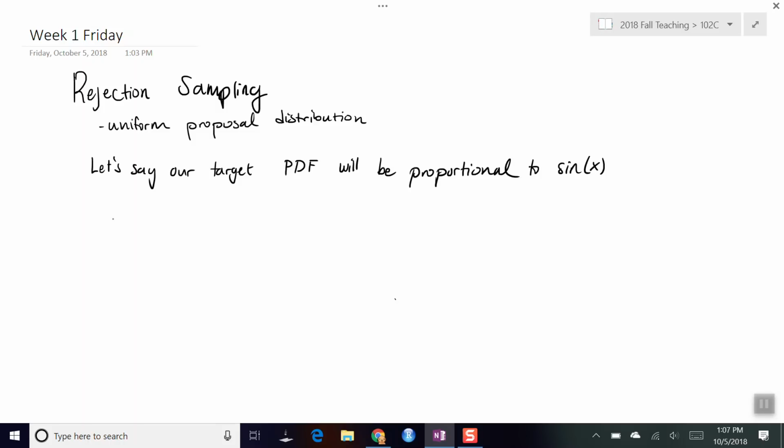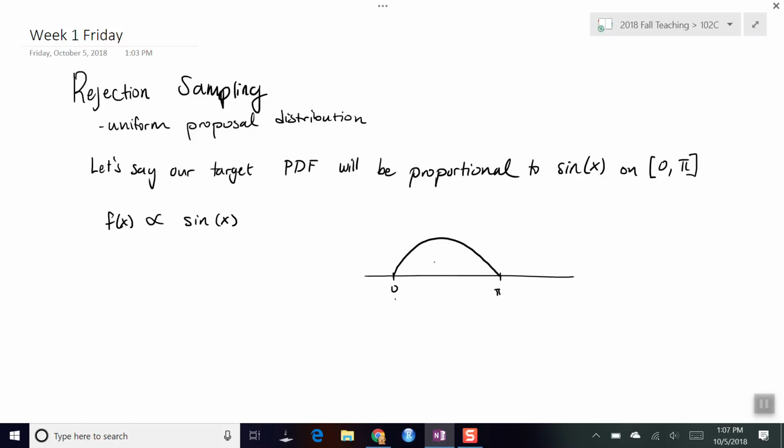So I've got f of x is proportional to sine of x on the interval 0 to pi. If we graph sine of x from 0 to pi, it'll look something like this, right? And the requirement is that the total area needs to be 1.